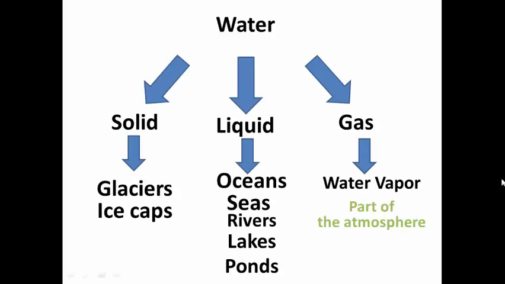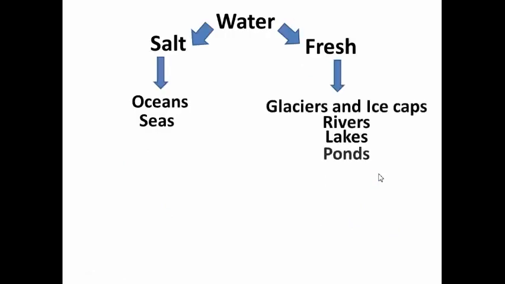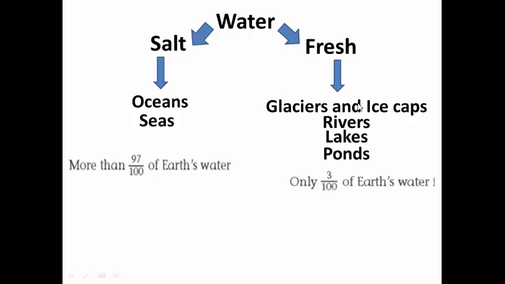And we mentioned that the gas part is a part of the atmosphere. We made a quick comparison between salt water and fresh water, with examples of each. And finally, which one is more than the other? You'll find 97% here and only 3% here. Here not healthy for drinking and this drinkable.